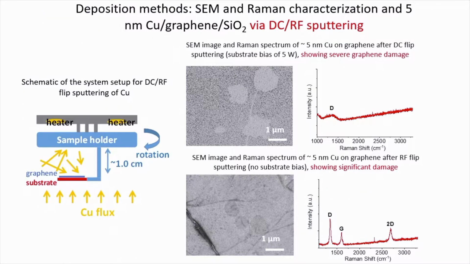And we also tried sputtering. The other method is DC and RF sputtering, because sputtering is a pretty popular method to deposit metal materials.